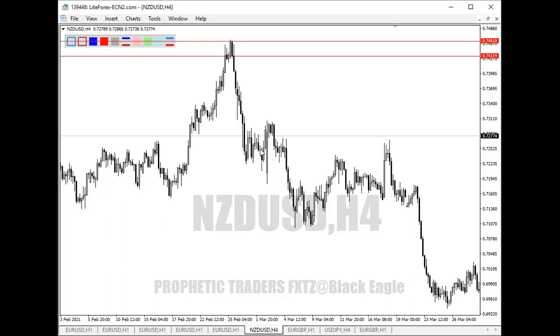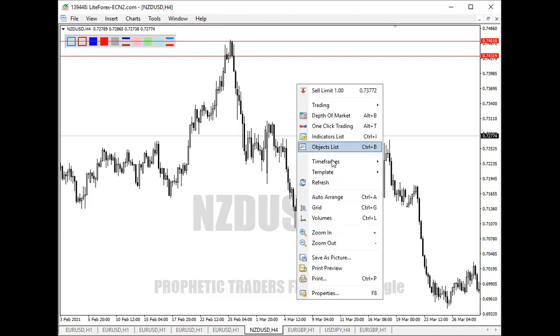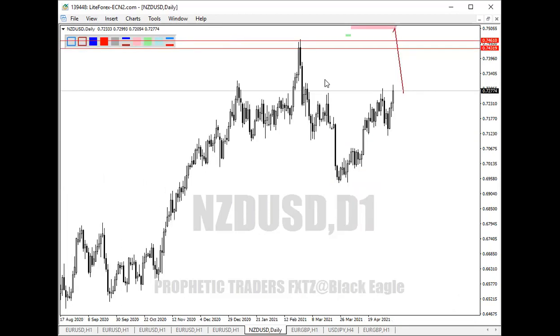So we have supply here. This one is supply also. Here we have this drop. When we go to high time frame, here is a drop, this drop. Here is supply.